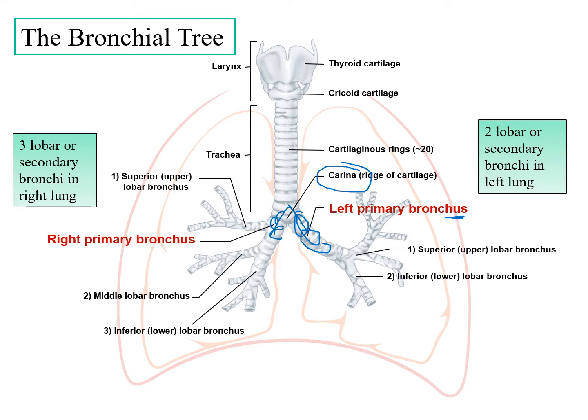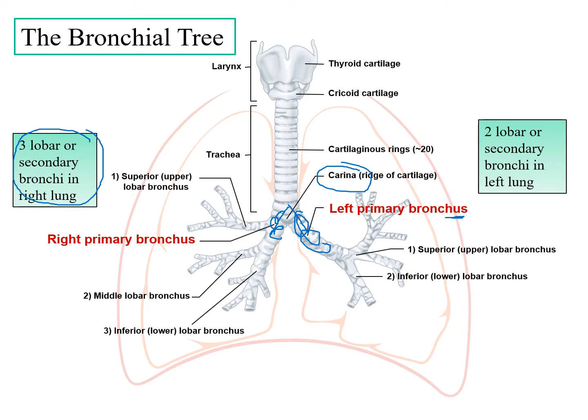Those bronchi in turn split into several secondary or lobar bronchi. And notice on the right side of the lung, which has 3 lobes, we have 3 secondary or lobar branches off the right primary bronchus.